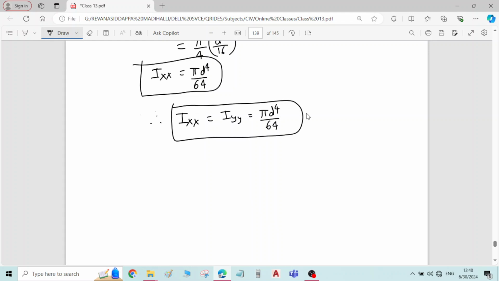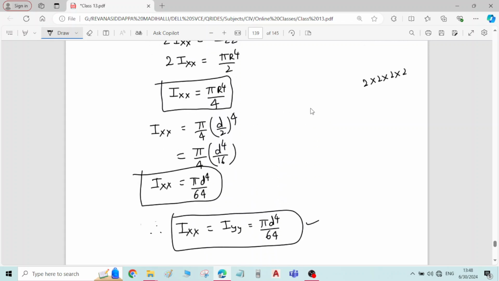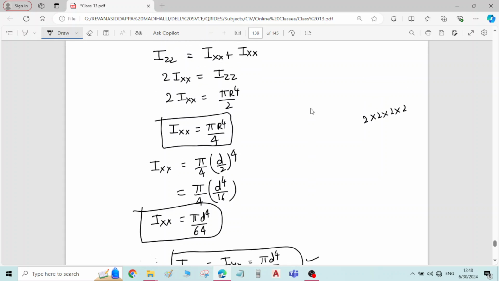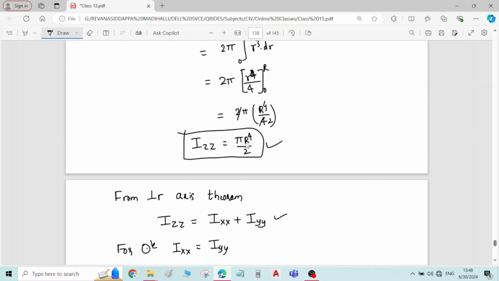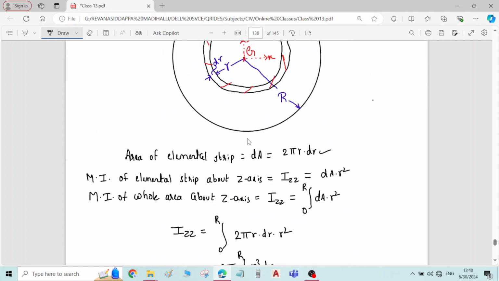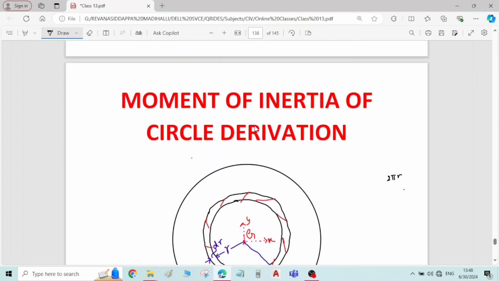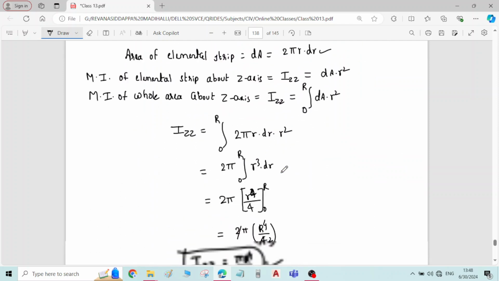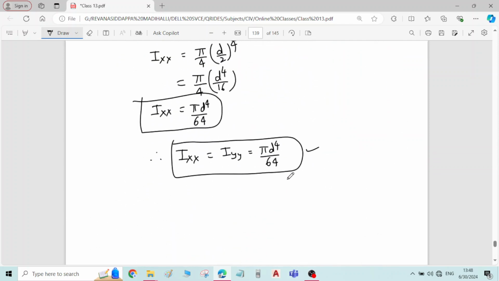This is the final expression for the moment of inertia of the circle about the x-axis and y-axis. About the z-axis it is pi r raised to 4 by 2. So this completes the derivation of the moment of inertia of the circle. Thank you.